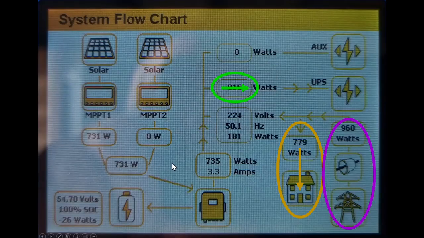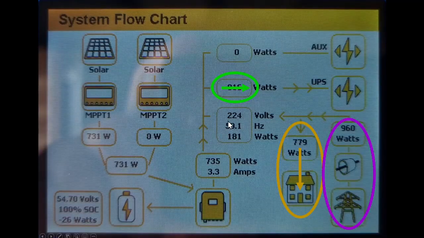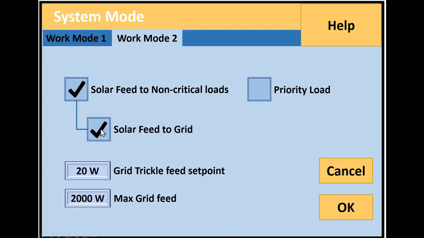You tick that, then you're pushing power back into the non-critical load. So you switched on solar feed to non-critical loads, and now the power flows there as always, and it flows down there. The third possibility is you tick this as well, solar feed to the grid. So now the solar goes to the non-critical loads as well as to the grid.